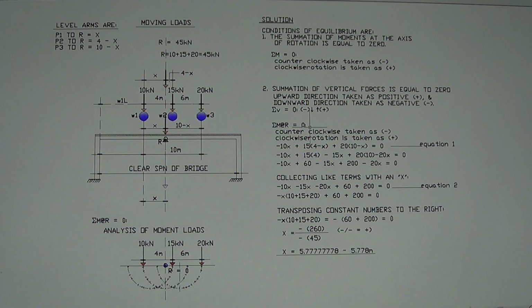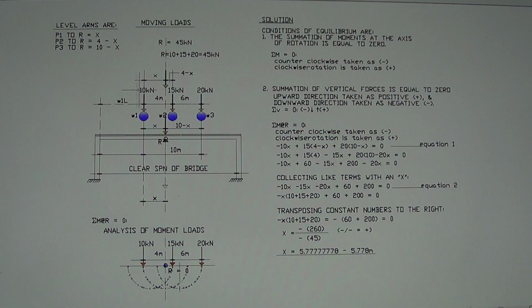The reason it is equal to 0 is the condition of equilibrium. All of the forces here are in equilibrium at that point R. It's like you have a balance, and that point is the distance of X from wheel 1.